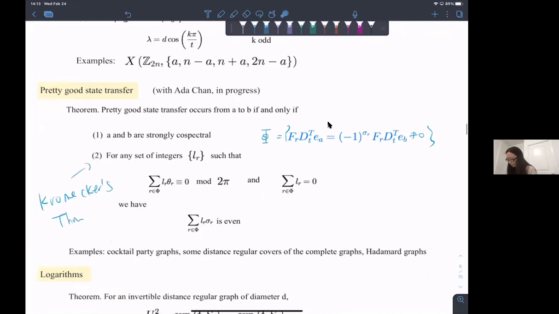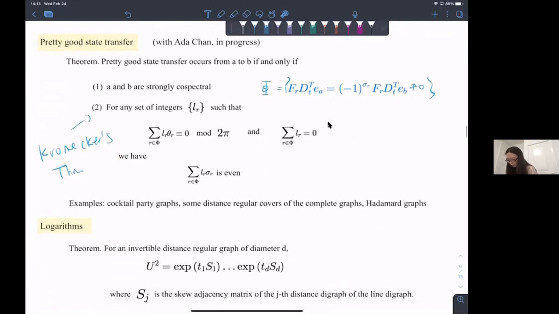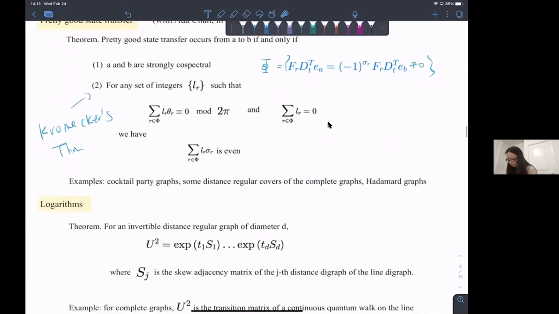Now I'm going to move to a third property, that is the logarithm of U. Let me digress a little bit to talk about the continuous time quantum walk. Given a graph X with adjacency matrix A, a continuous quantum walk is also determined by a transition matrix, but that matrix is much friendlier to us.